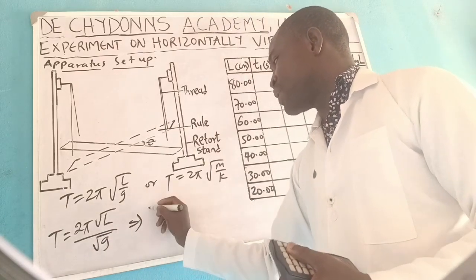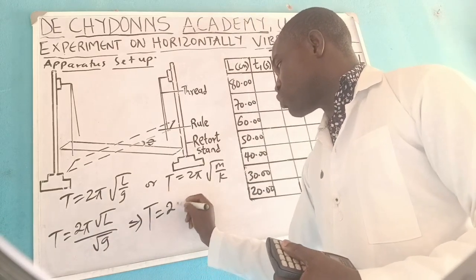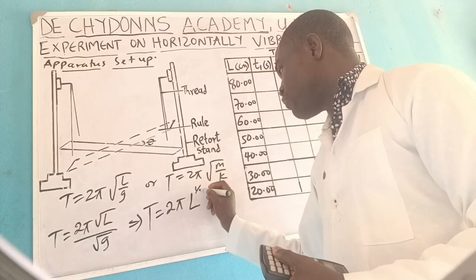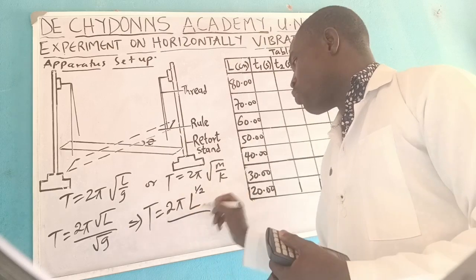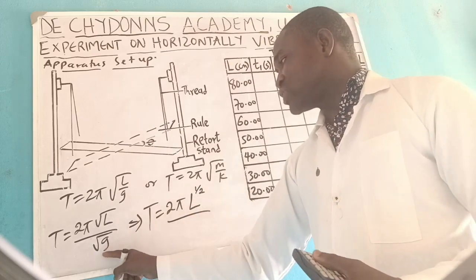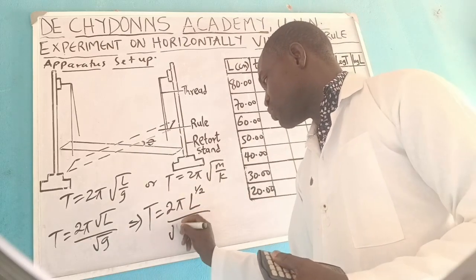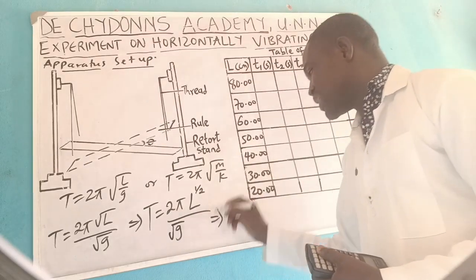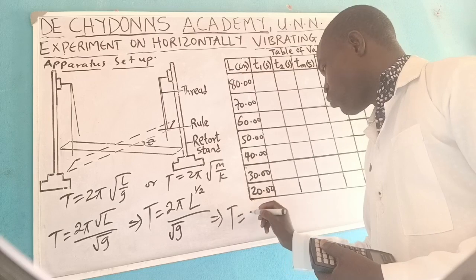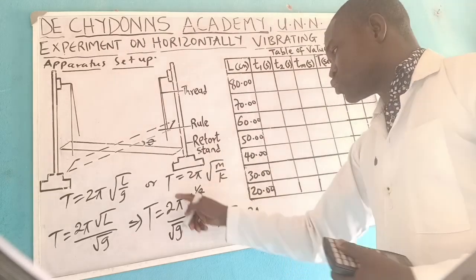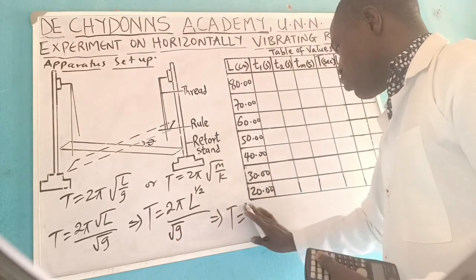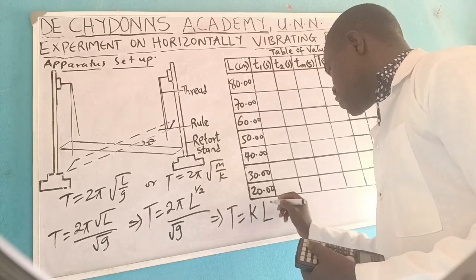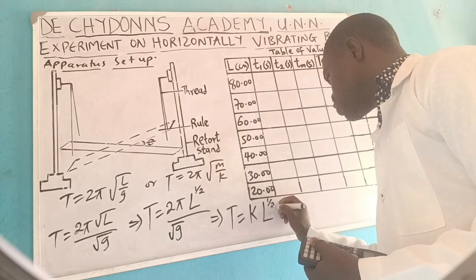This simply means T equals 2 pi, root L means L raised to power 1 over 2, all over root g. And this means T equals 2 pi over root g, which we'll replace with k, times L raised to power 1 over 2.